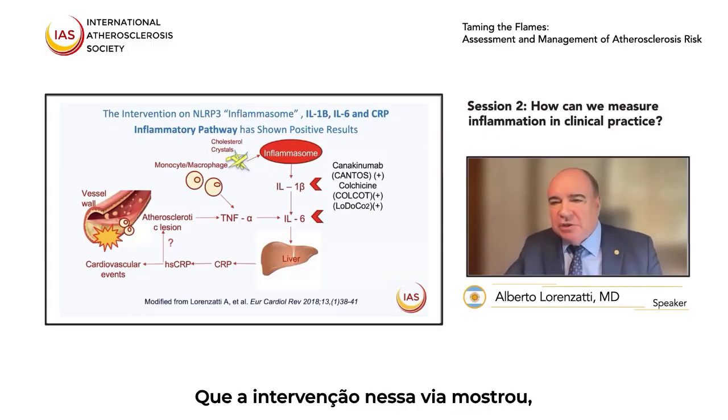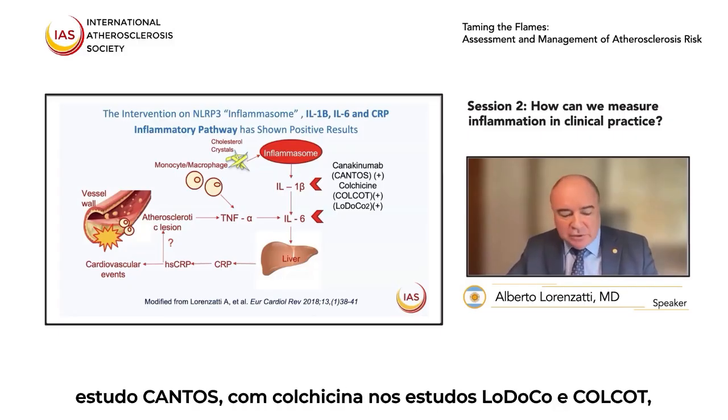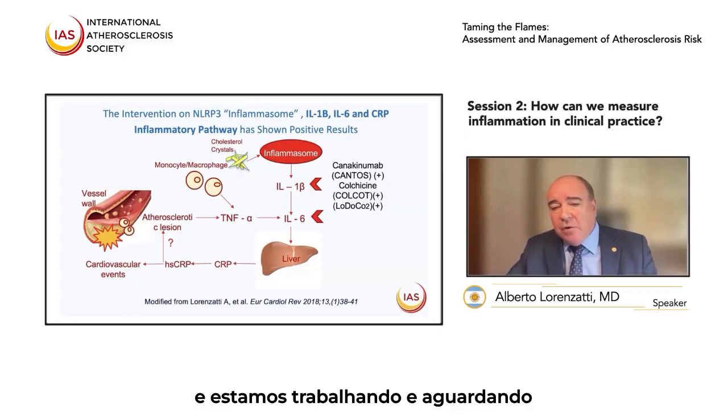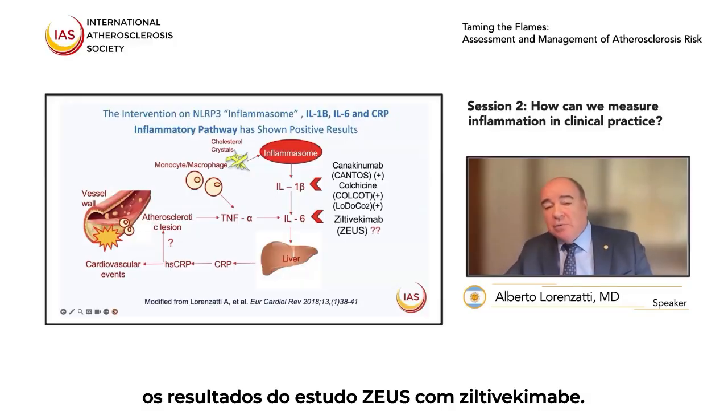The intervention in this pathway is showing the best results with canakinumab in the CANTOS study, with colchicine in the LoDoCo and COLCOT studies, and we are waiting for the results of the ZEUS trial with ziltivekimab.